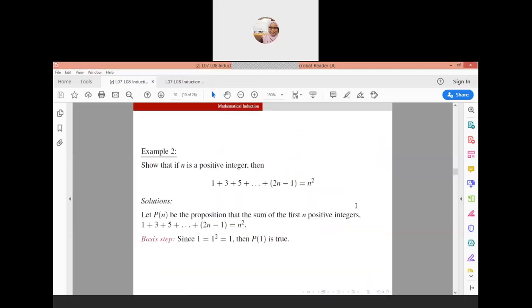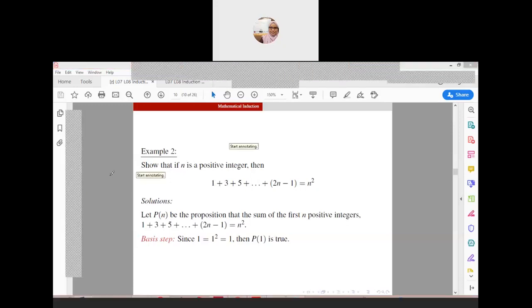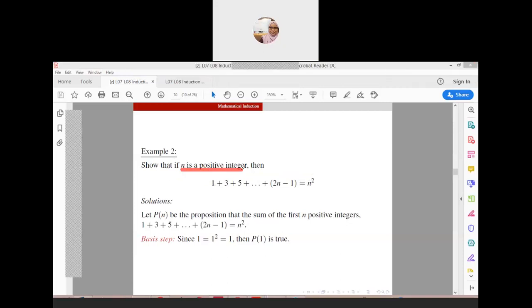Next, example 2: show that for n a positive integer, 1 plus 3 plus 5 plus up to 2n minus 1 is equal to n to the power of 2. From here, first we have to read carefully: n is a positive integer.